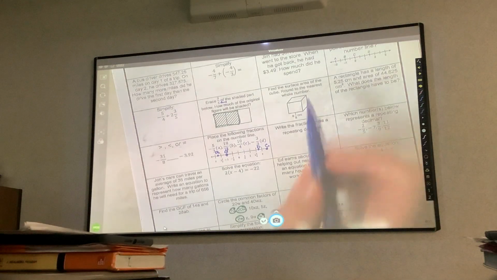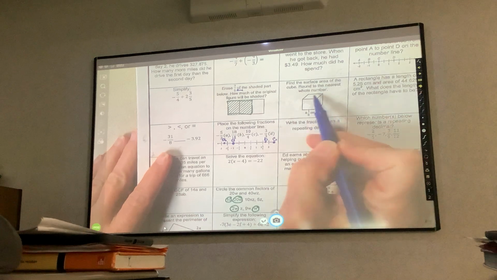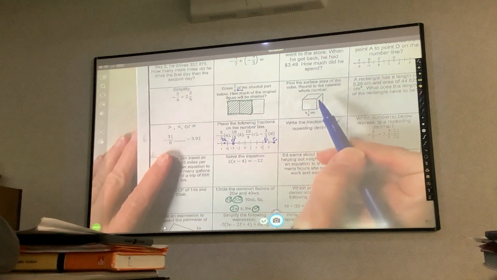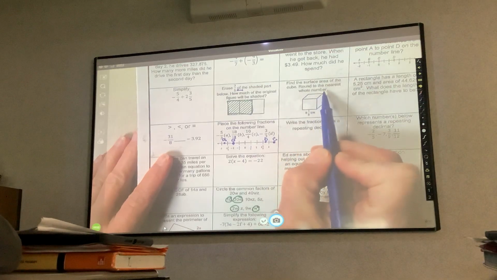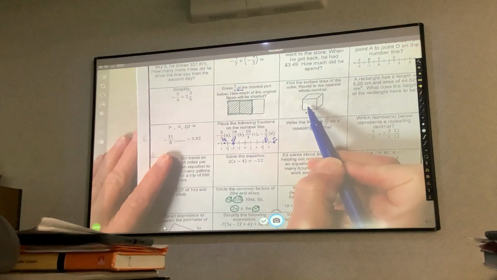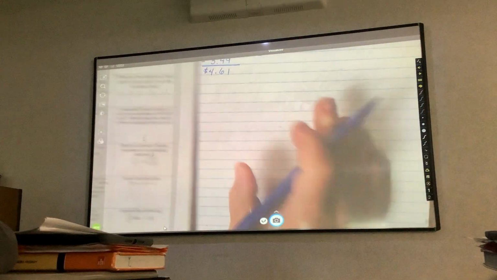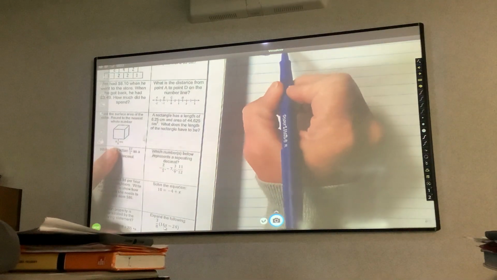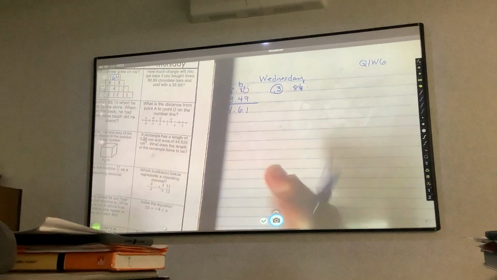So this is a cube, so all of the sides are the same, right? And we need to round to the nearest whole number. So I would find the area of one side. So I would take 8 and 1/8 times 8 1/8.